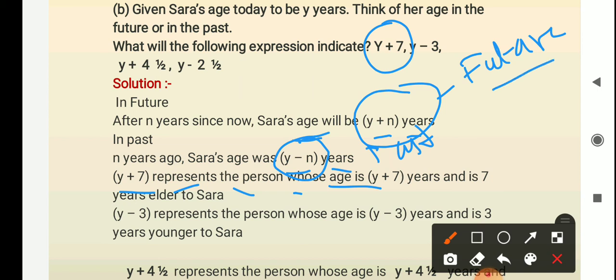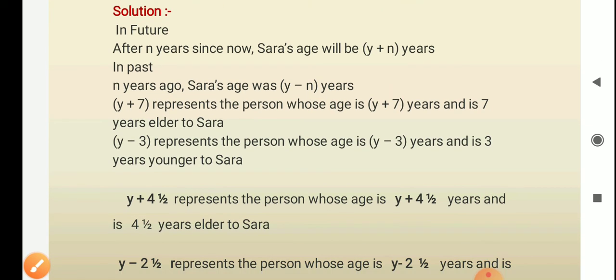Next expression is y minus 3. It represents the person whose age is y minus 3 years, in the past, and that person is 3 years younger to Sarah, because 3 is subtracted from y. Y is Sarah's present age.